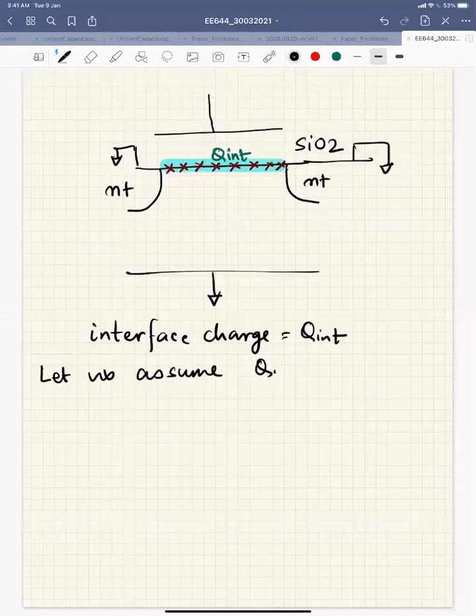Let's assume the q interface charge is negative. What do I mean by that? Let's say I have some negative charges at the interface.